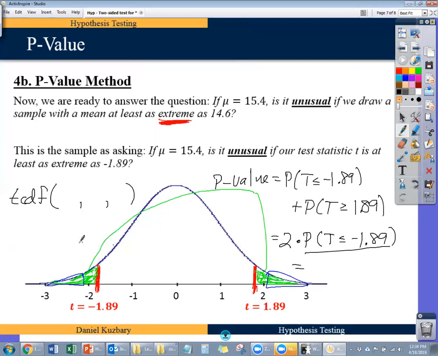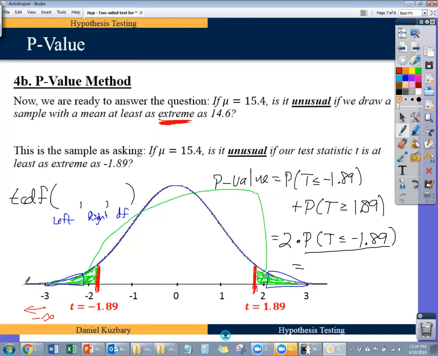Okay, so we're going to use tcdf, and the way tcdf works is it's like normalcdf. It starts out with a left side and a right side, or a lower and an upper. And then it takes your degrees of freedom as the special thing, kind of like the mean and the standard deviation, except it doesn't have that. It just has the degrees of freedom. So if I'm looking at the left side, I know the left side goes all the way out to negative infinity.